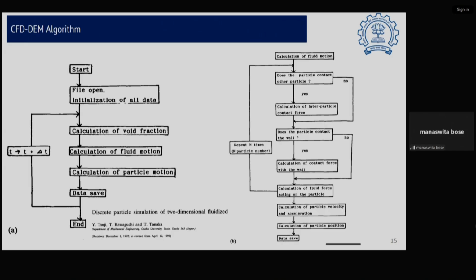Suppose within one delta time step the fluid has advanced by one delta time step, within that the particle has advanced by several time steps. So what is that ratio? In fact, if you do OpenFOAM and all, I think you have to define that ratio also. And that ratio is always more than 1. I think people keep it around 10.